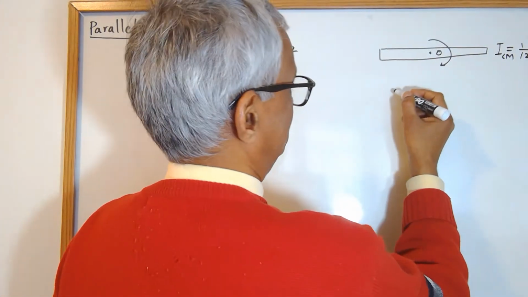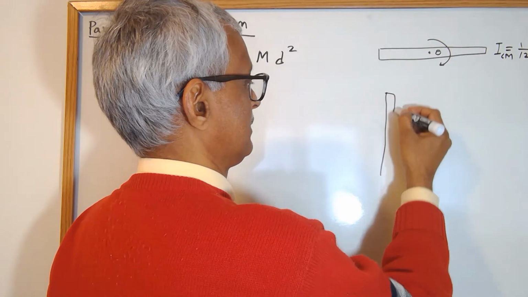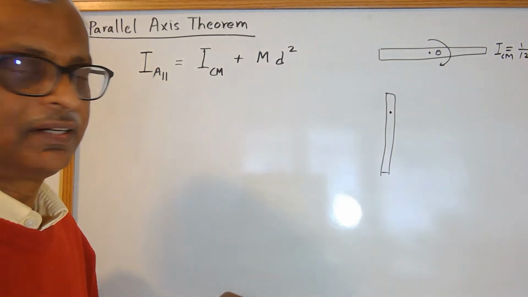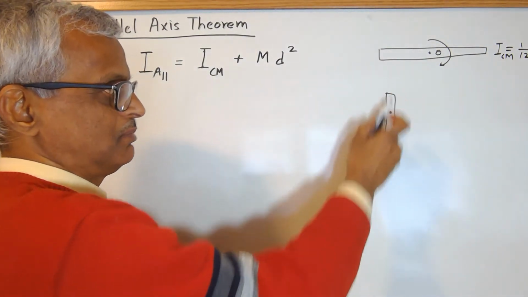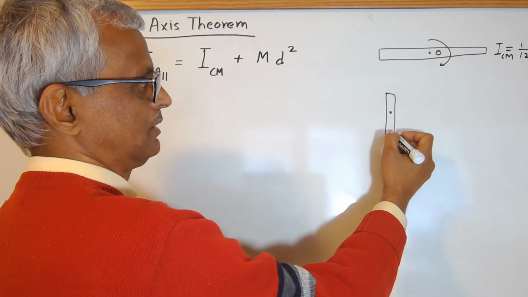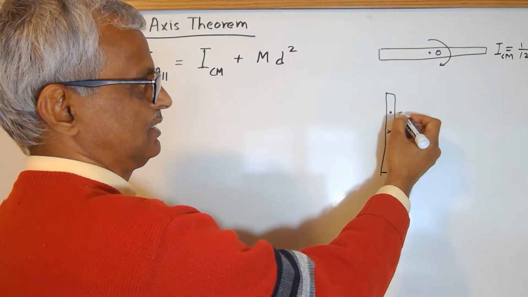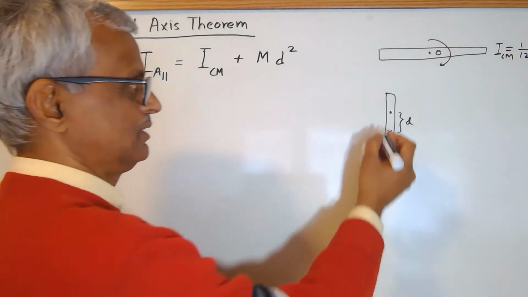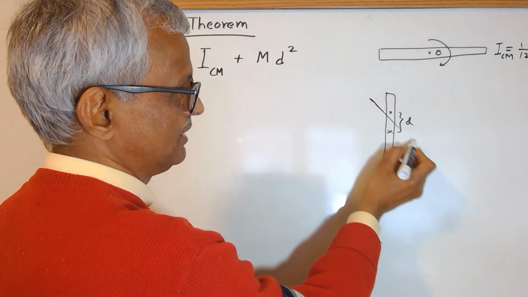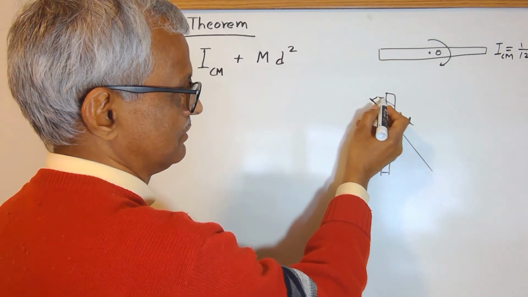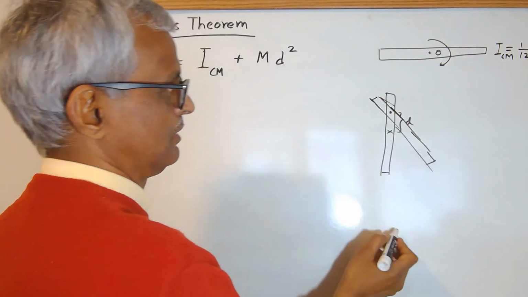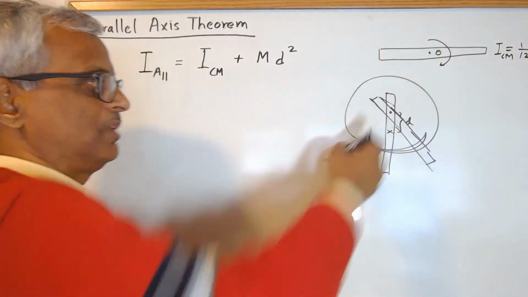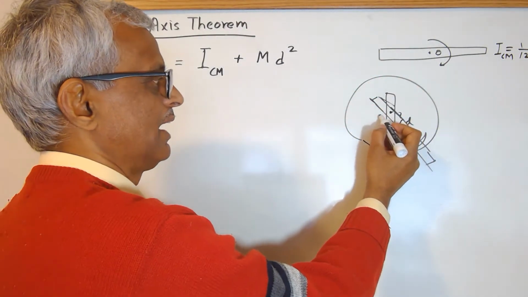Okay, suppose you hang a bar like so, and then you put a pin at some distance. Say if this was the center, you put it a distance d from the center. It might rotate all the way around, or it might just swing back and forth, but it's rotating about this axis.